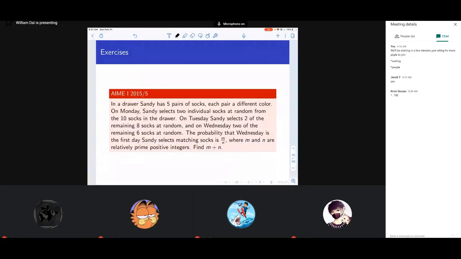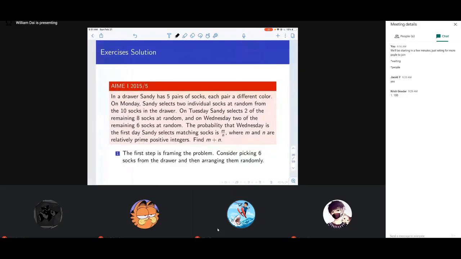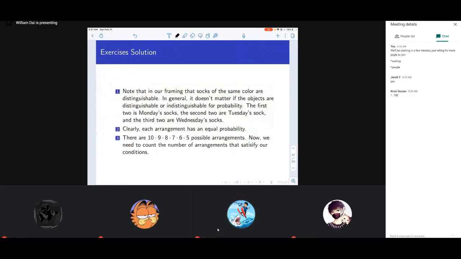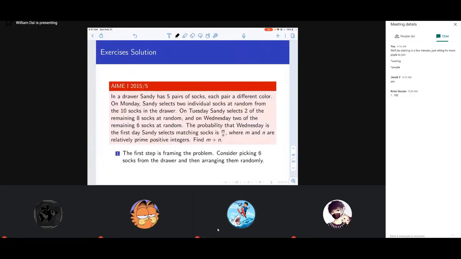Okay, so I hope you guys had enough time. This is kind of a tricky question. So our first step is we have to frame the problem in a way that each possibility has an equal probability.